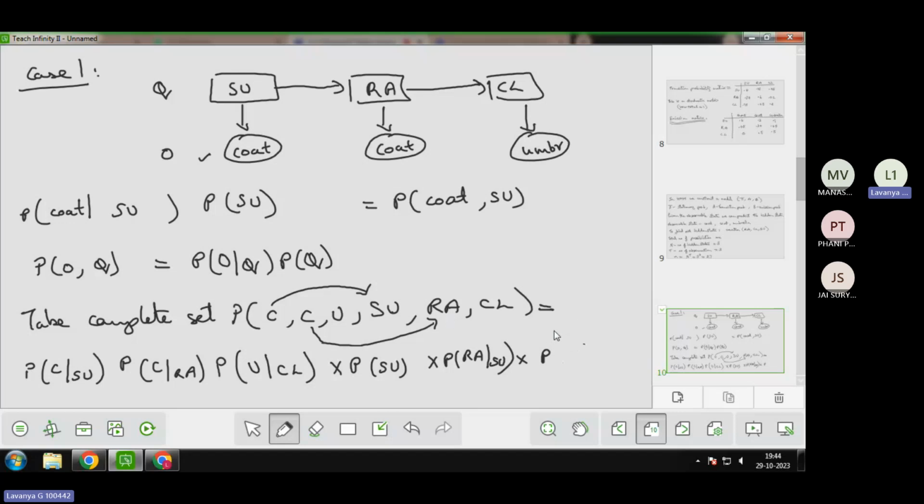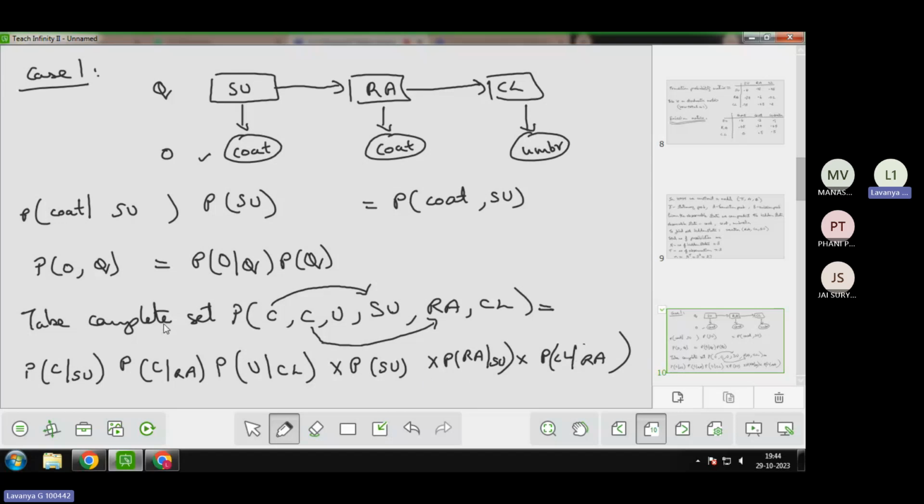Finally you are finding cloudy day. Before the cloudy day, what was the state? Rainy day. After that, you are visualizing the cloudy day. So P of CL restricted to RA.